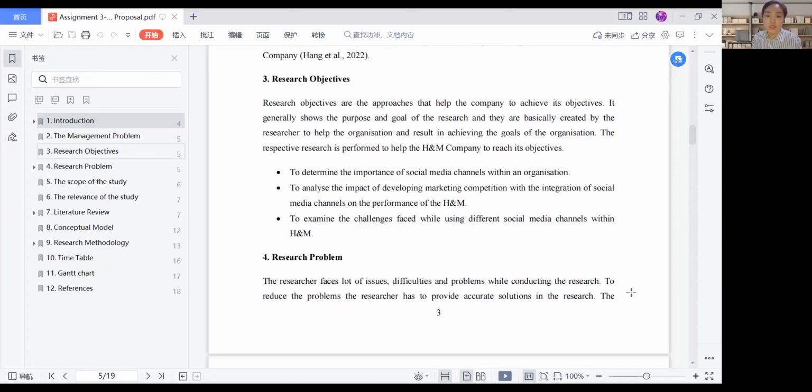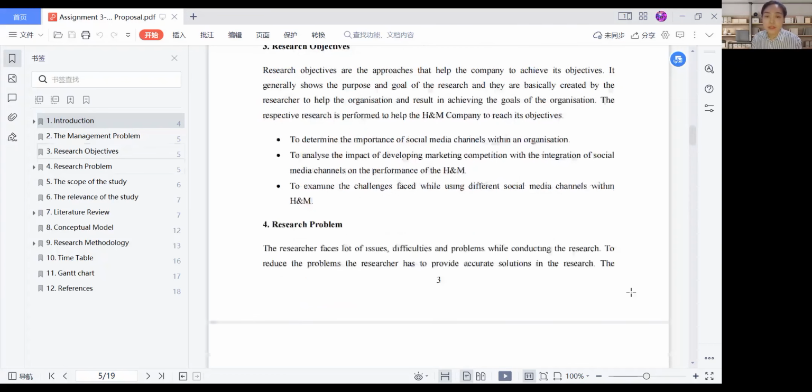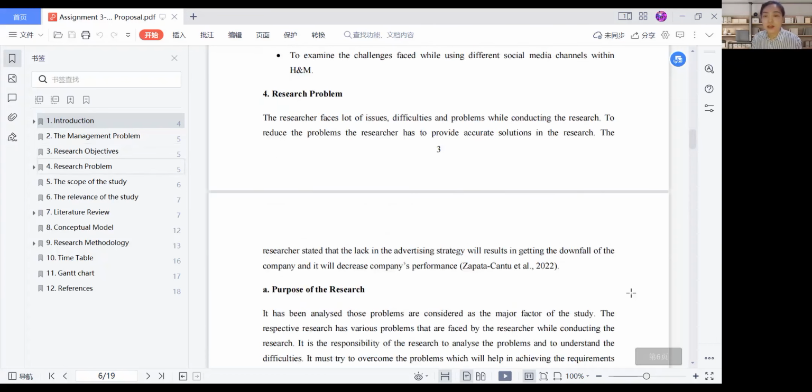4. Research problem. The research states that the lack of an advertising strategy will result in the downfall of the company and it will decrease the company's performance. For example, what is the importance of the social media marketing channel for an organization?